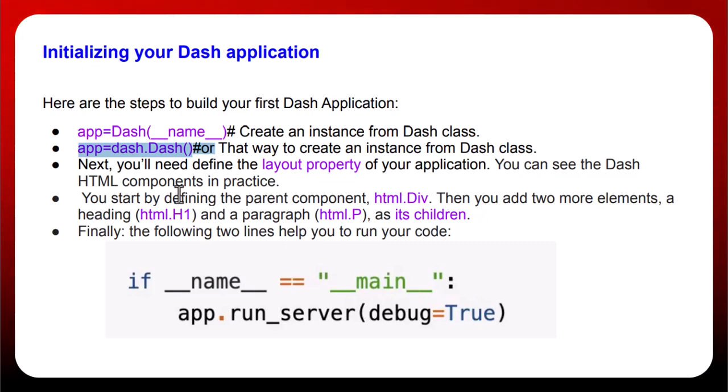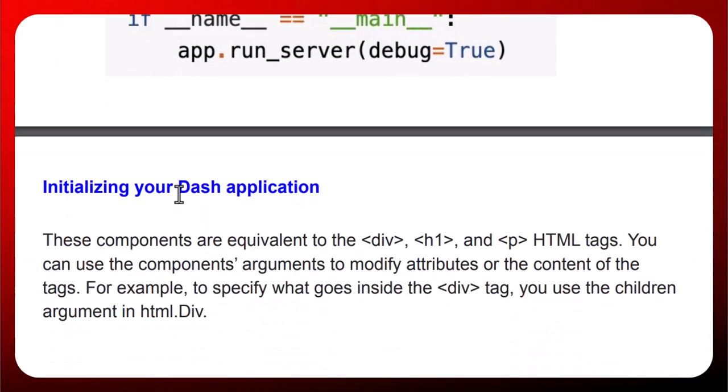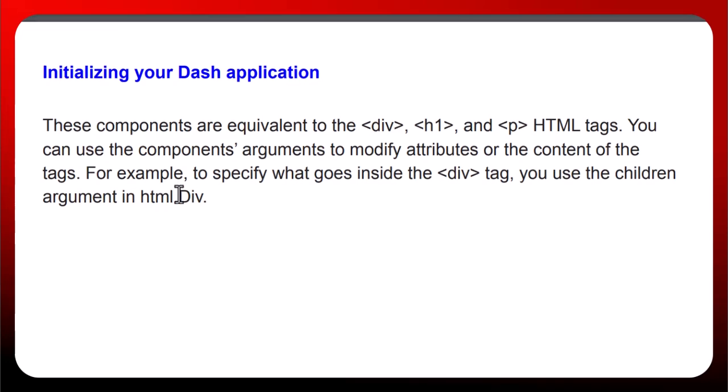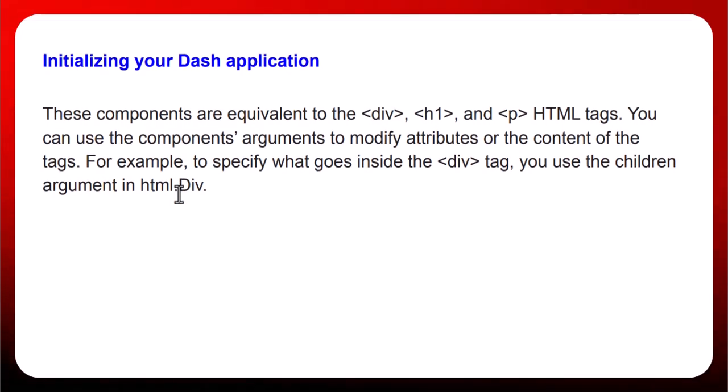Okay. All right. Now, these components are equivalent to div, h1 and p paragraph HTML tags. You can use the components' arguments to modify attributes or the content of the tags, for example, to specify what goes inside the div tag.